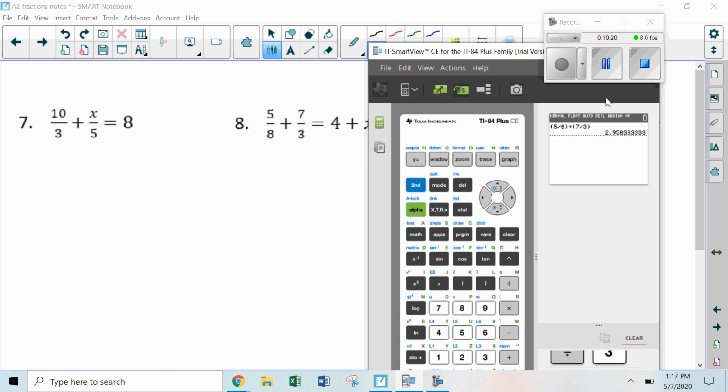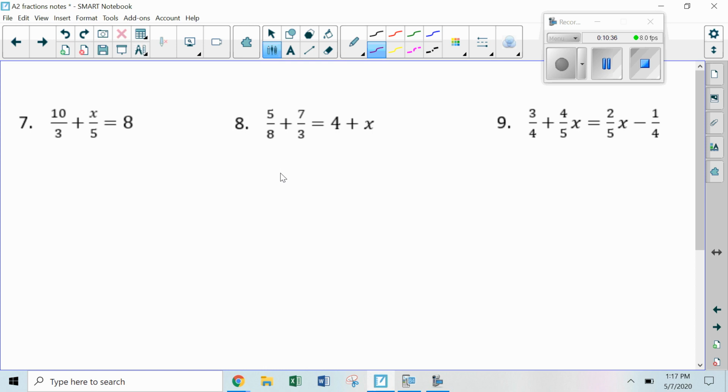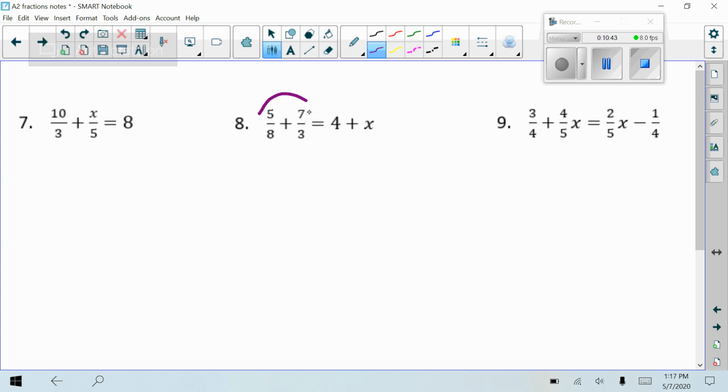Now, you guys have done this before. Let's turn this into a fraction. You remember you hit math. Your first choice is fraction, so you're ready to just hit enter, enter. 71/24. So let's go back to this. This is 71/24.